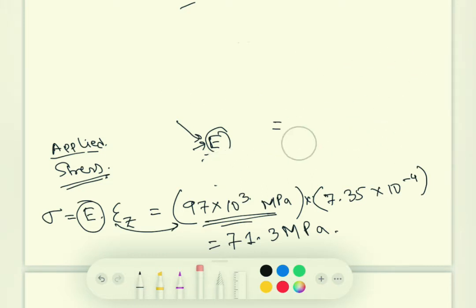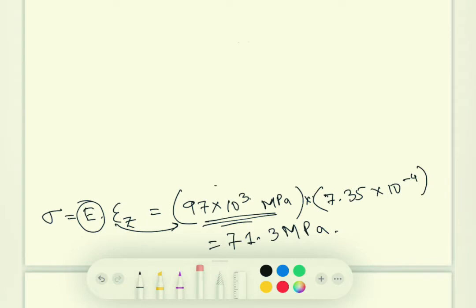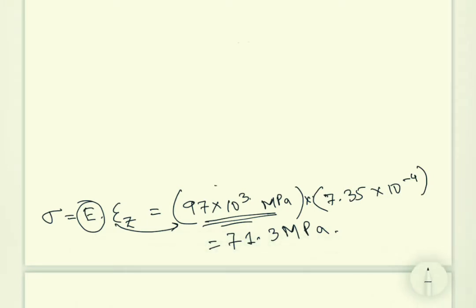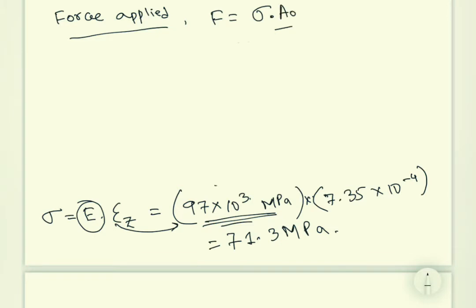Let me wipe it. Now we have to get the force applied. We have already obtained the stress applied. F is equal to sigma into A naught, because that will be the force applied to get this deformation on the initial area. That will be sigma into pi times (d naught by 2) whole squared.